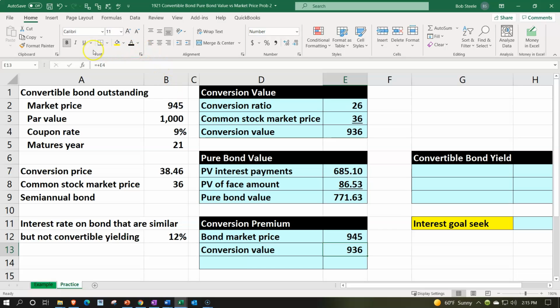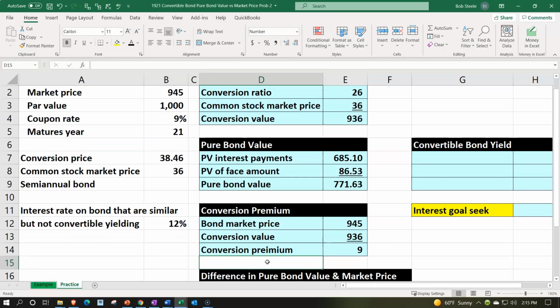So the difference, I'm going to underline this, is going to be the conversion. We're going to call that the conversion premium. That means the $9.45 minus the $9.36. That means that we'd be paying more if we just bought them and then sold them, $9 more for them if we were just to convert them at this point in time.